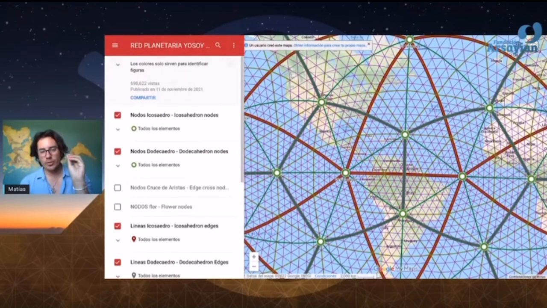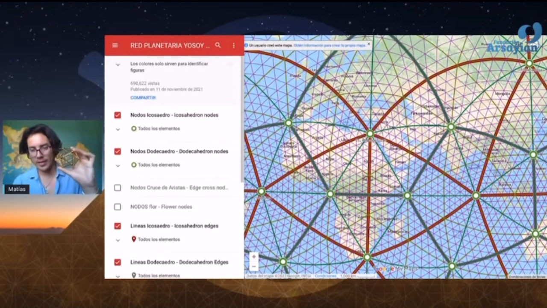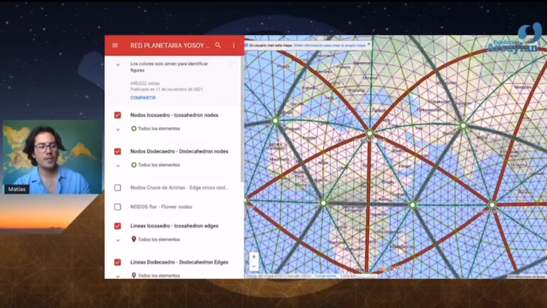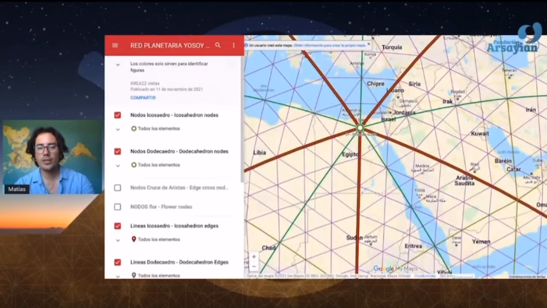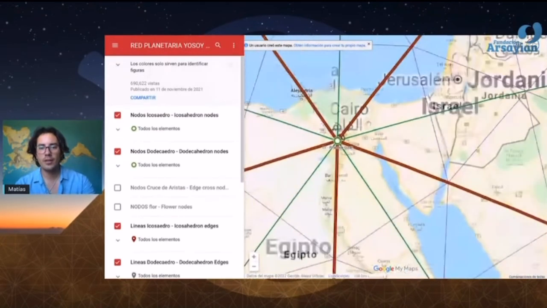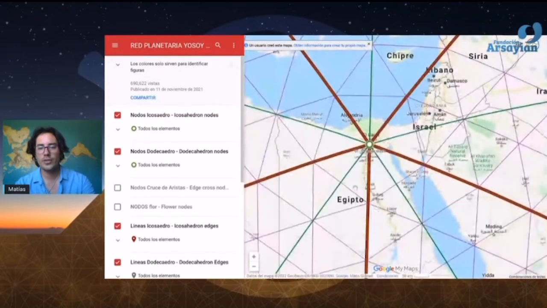Let's take a look at each one of the 32 nodes, so we can locate them and understand why I sometimes call them in one way or another. Let's go node by node. Let's begin with the 12th of the icosahedron, so let's go to Egypt. Take a look at the territory that holds the node.